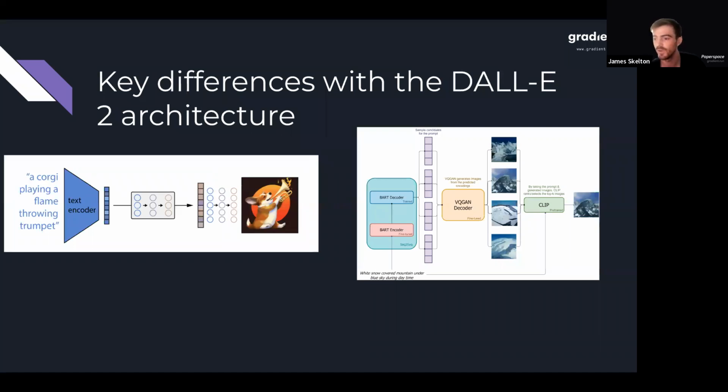Then the sequences of image tokens are decoded through the VQGAN decoder, and CLIP is used to select the best generated images. As we can see, there are some pretty significant differences between the two. And really, DALL-E Mini is completely independent in terms of architectural design from the original DALL-E or DALL-E 2 architecture.